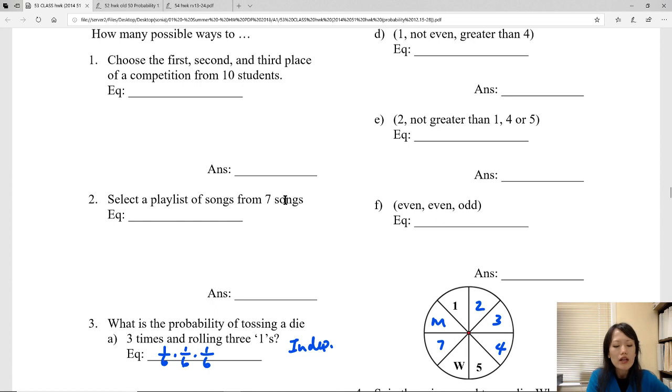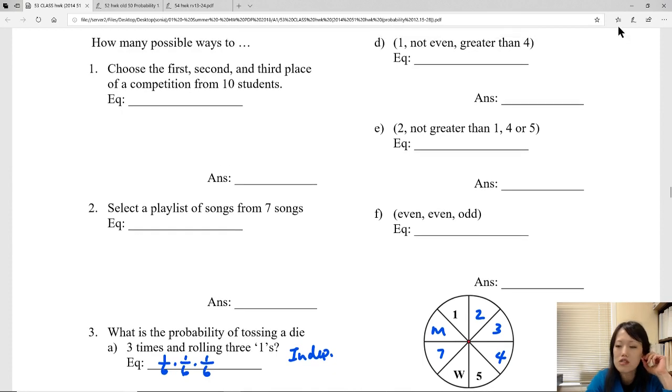The playlist of songs, I think we're assuming that the order doesn't matter. I have to check my answer key, but I assume that if we have the same songs on the playlist, it's considered the same playlist versus ordering them differently.